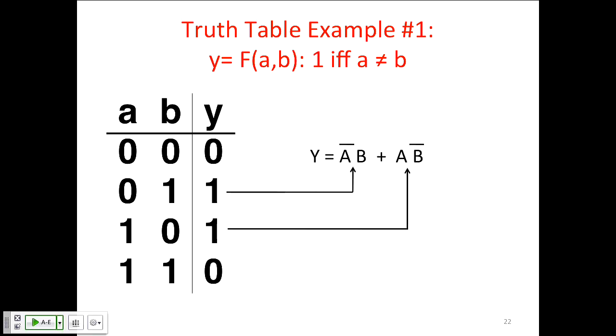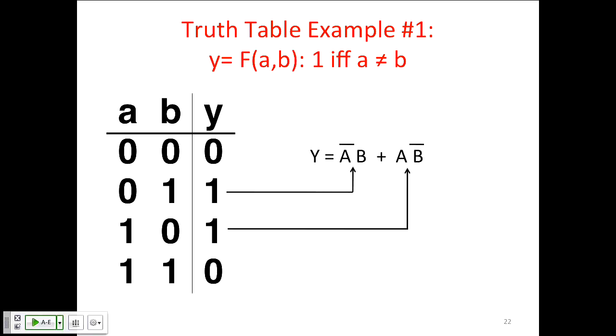So not A, and B. If you're thinking about math, this looks like they are multiplied together, AB. And that product is what we use to express an AND operation. So if not A and B, i.e. if A is 0 and B is 1, this whole expression is a 1. Over here, if A is 1 and B is 0, that means not B is 1.